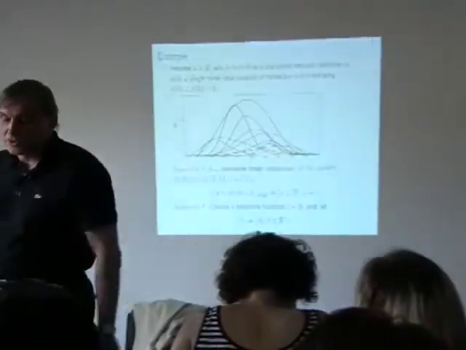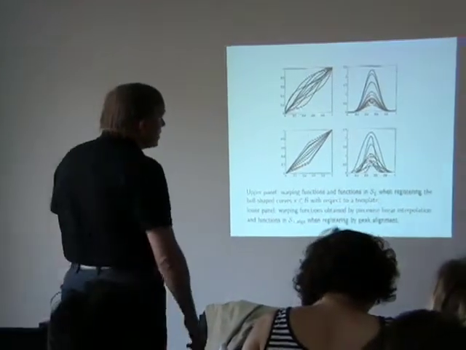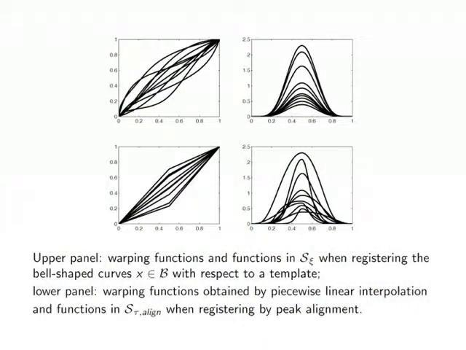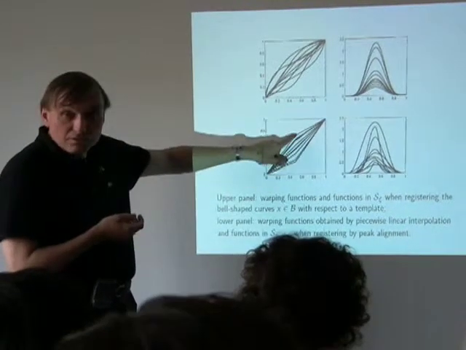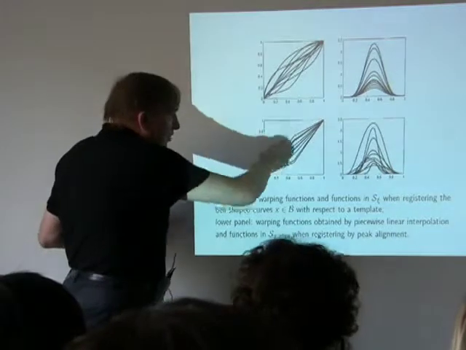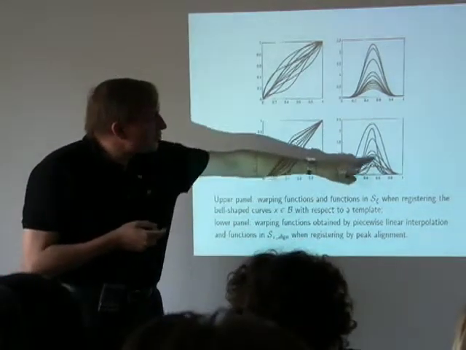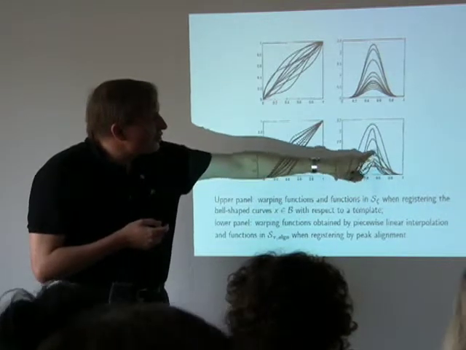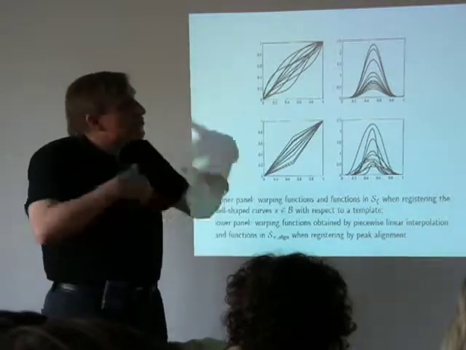This is also a sensible registration procedure, and these are the results for the data I showed you for these two different procedures. This is the landmark registration. These are the warping functions that result. I just align the peaks and interpolate, making straight lines for the warping functions. And these are the registered curves. You see, they all have the peaks at the same time. This is what results from the template registration.